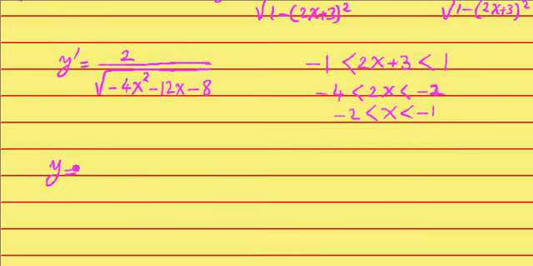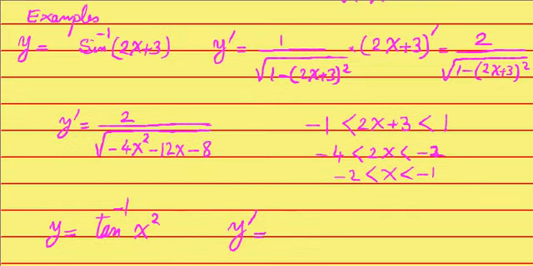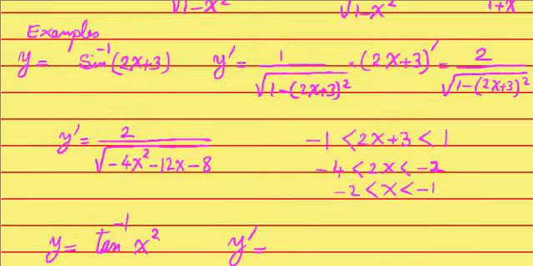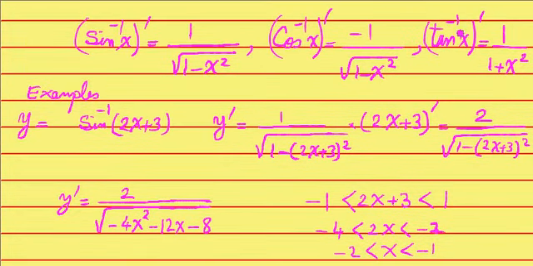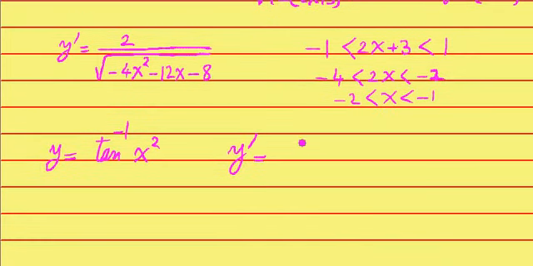Suppose I have y is equal to tangent inverse of x squared. What is y prime? Derivative of tangent inverse was 1 over 1 plus square of the input. So I go ahead and write that 1 over 1 plus, instead of x I have x squared, so I have to square that, times the derivative of the substitution by the chain rule.